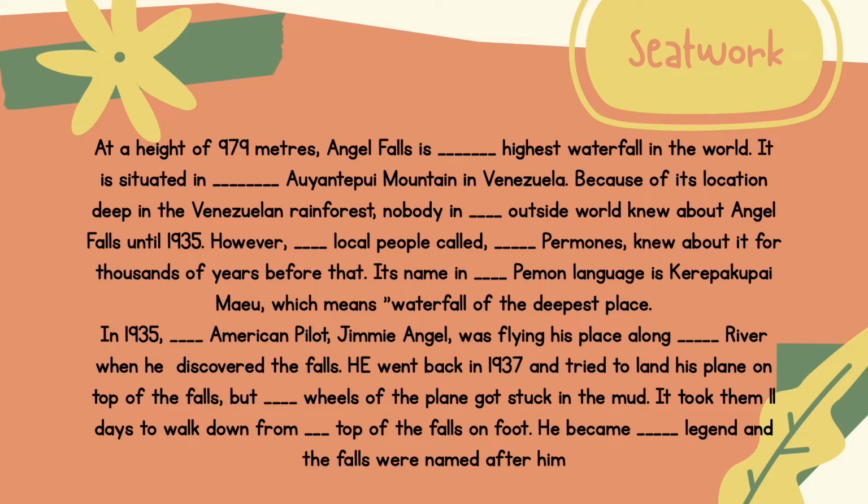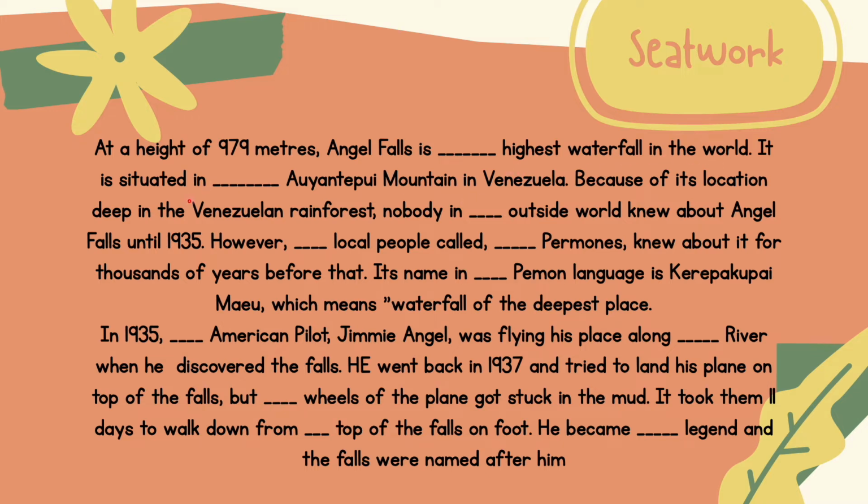This is the short text that you will receive. We have 2 paragraphs here, the first paragraph and the second paragraph. Let's take a look at what the short text is all about. Let us read together. At the height of 979 meters, Angel Falls is blank space highest waterfall in the world.